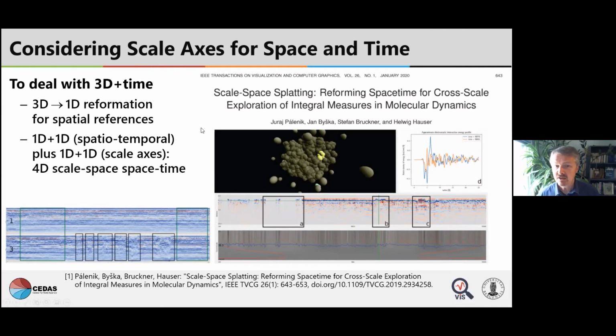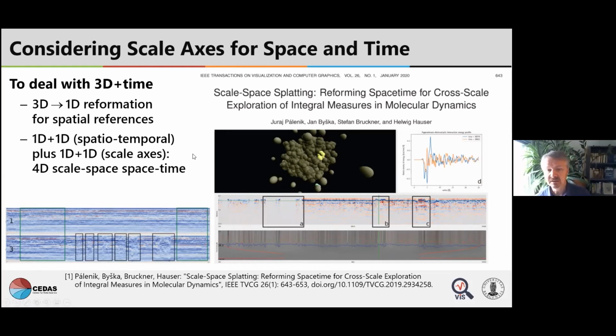So in order to manage this complexity, what we did here is we boiled down the spatial information in the data from 3D to 1D, and then we constructed a scale axis on top of each the spatial aspect of the data and the temporal aspect of the data, and used this to study molecular dynamics simulation data. And we could see that we were able to identify some relevant changes in the simulation.